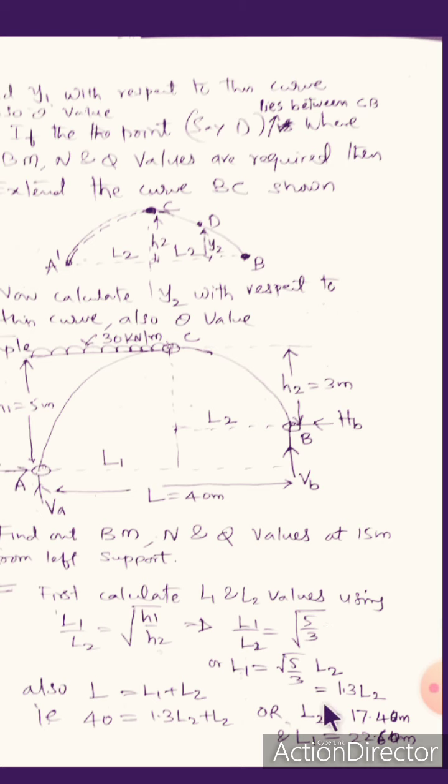Now we use L is equal to L1 plus L2. The span is 40 meter, so 40 is equal to L1 plus L2. Substituting 1.3 L2 in place of L1, you end up with L2 nearly 17.4. Then L1 is 22.6. So the total is 40 meter.